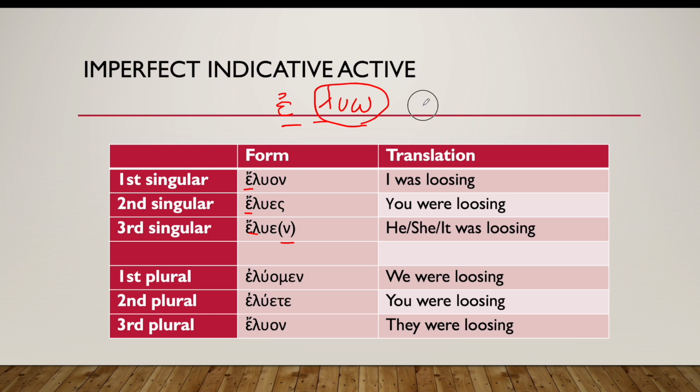You'll notice a new set of endings on the verb, but these are the same as we saw with the present tense. You'll also notice that the first person singular and the third plural look exactly the same, and only context will help us to discern the difference between the two if we see them within the Greek text. And here's the translation. So, eluon, I was loosing. That idea of progressive past tense action.